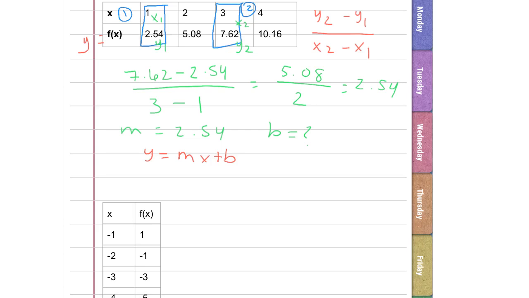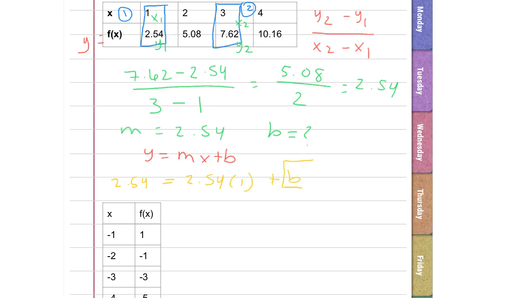So let's go ahead and do that. For y, well, my y is 2.54, so I'm going to do 2.54 is equal to m. What is m? Well, we said it was 2.54. What is my x? My x is 1, so I'm going to put it in parentheses, plus b.